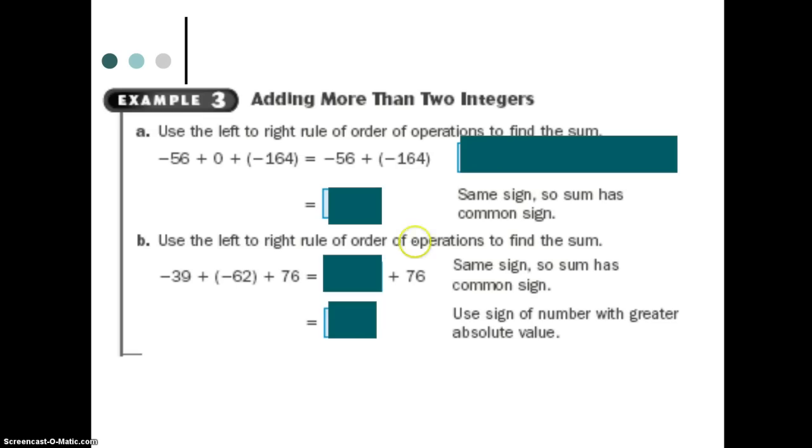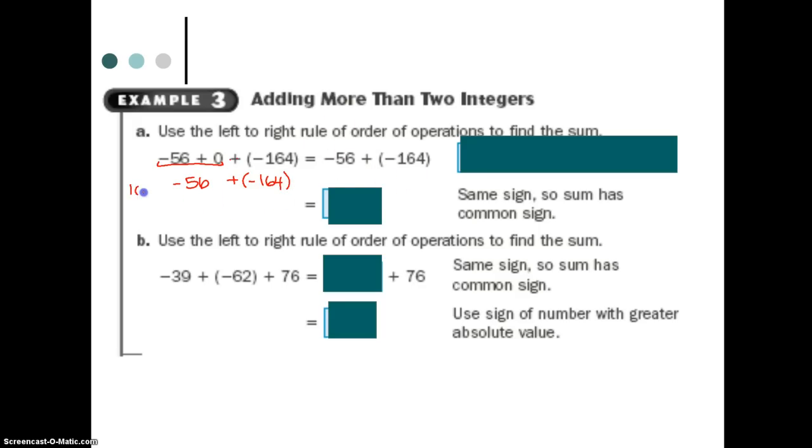Example 3, adding more than 2 integers. Use the left to right rule of order of operations to find the sum. So going left to right, negative 56 plus 0 is negative 56. Then add negative 164. They are the same sign, so I'm just adding.